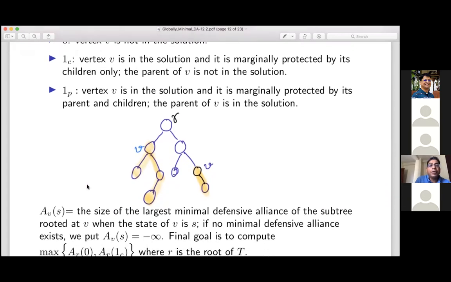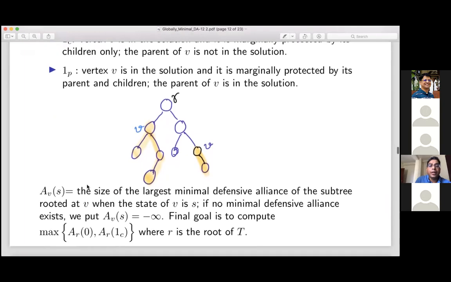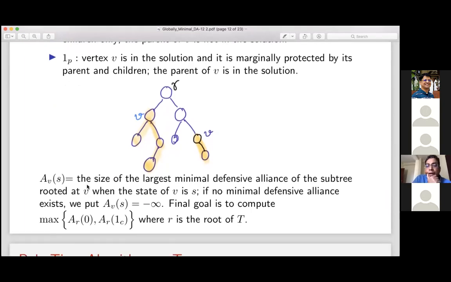What we do in dynamic programming is solve this problem on smaller instances. There's something called the subtree hanging at V. If you take any vertex V of the tree, the subtree hanging at V is this highlighted subtree.